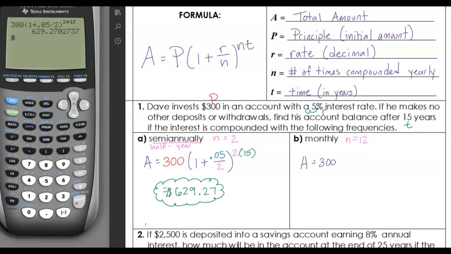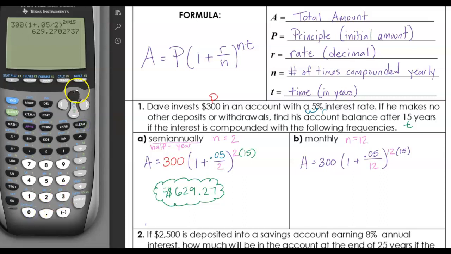I have an initial investment of 300. I have a rate of 0.05. My 2 in the original problem is now substituted in for a 12. And my time is still 15. So let's see, 300.